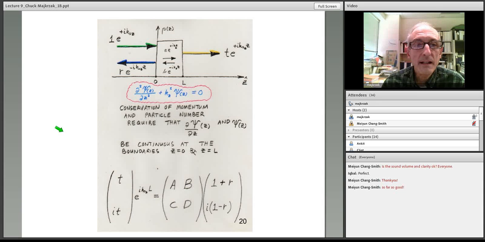So if any of you have taken quantum mechanics courses, usually at the very start of the course, you will learn something about scattering in one dimension from rectangular barriers or troughs or other simple objects in one dimension.